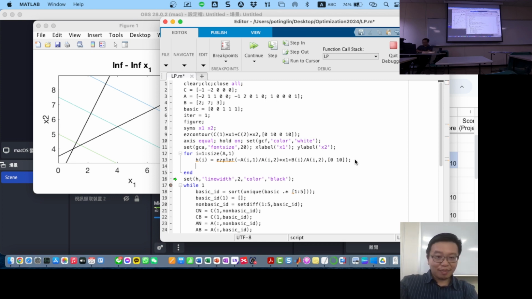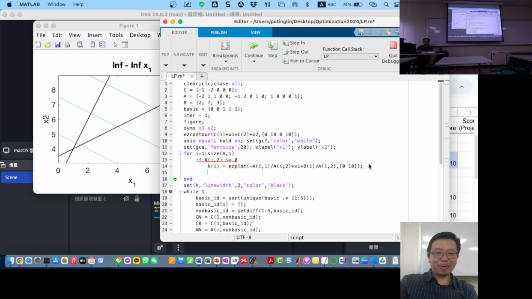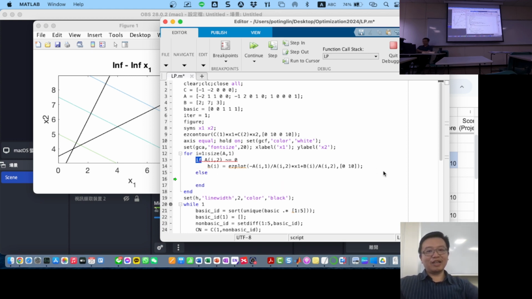So what happens when it's a straight line? When the A2 is not 0, then you can draw a straight line in that. But if A2 is 0, then you are dividing by 0. That's why. So in that case, you can only use plot.